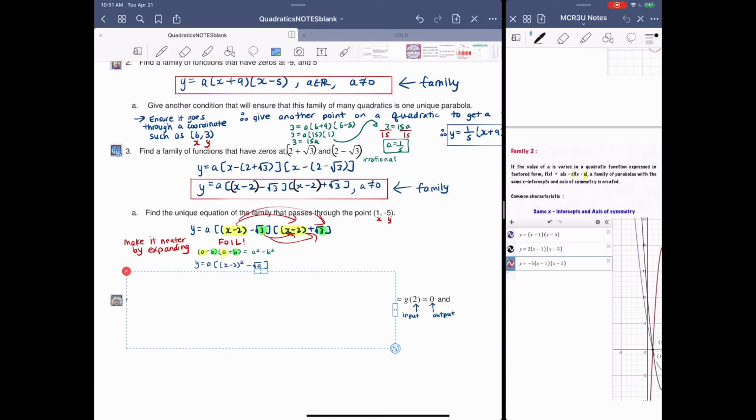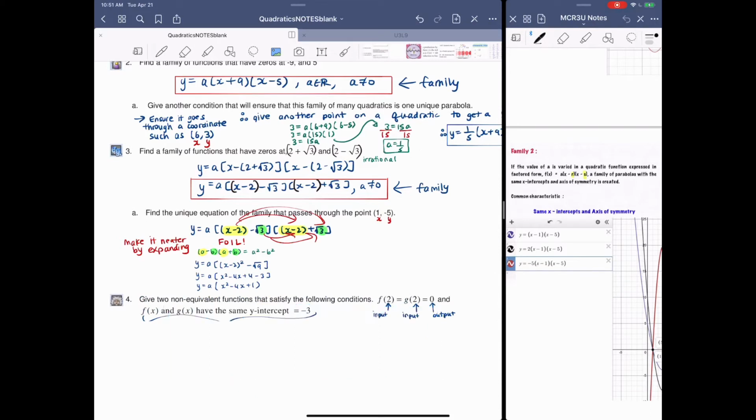I'm going to simplify by expanding that (x - 2) squared out by foiling again. And I get this, and I need to collect the like terms. And now I have the equation y equals a(x² - 4x + 1). Okay, that is the family of the equation, but now you have to make it so that it goes through the coordinate (1, -5).